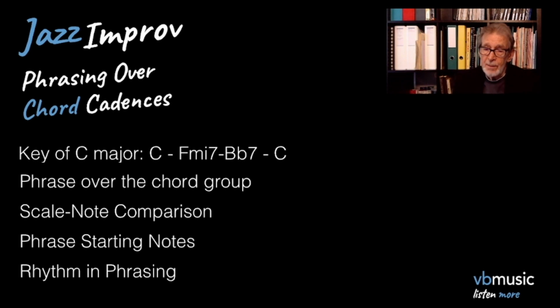So let's take, for instance, the C major scale, which we know is going to be what we play over C major 7. Now everybody knows, but I'm going to posit something else.